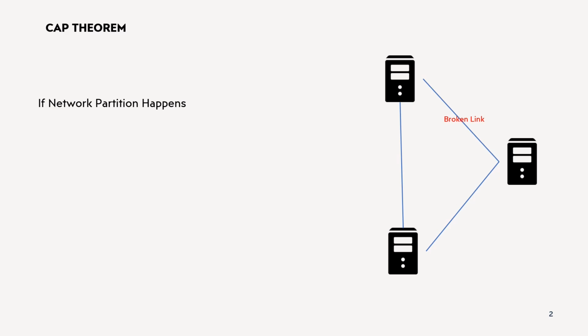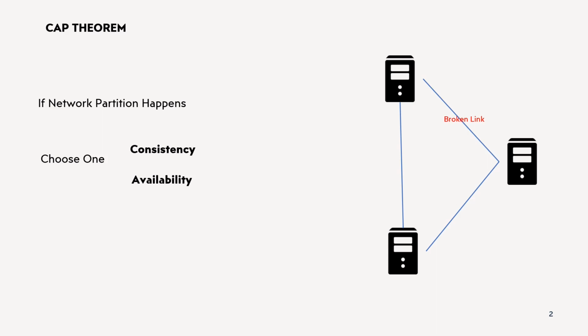So whenever we have a network partition happening, we have to choose either consistency or availability, because these two cannot be applied at that time.